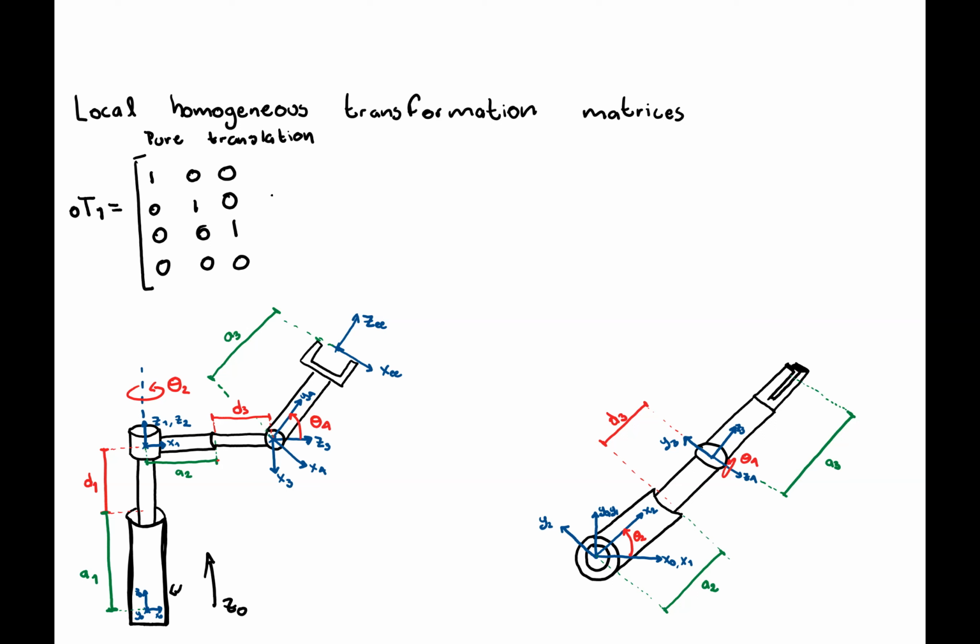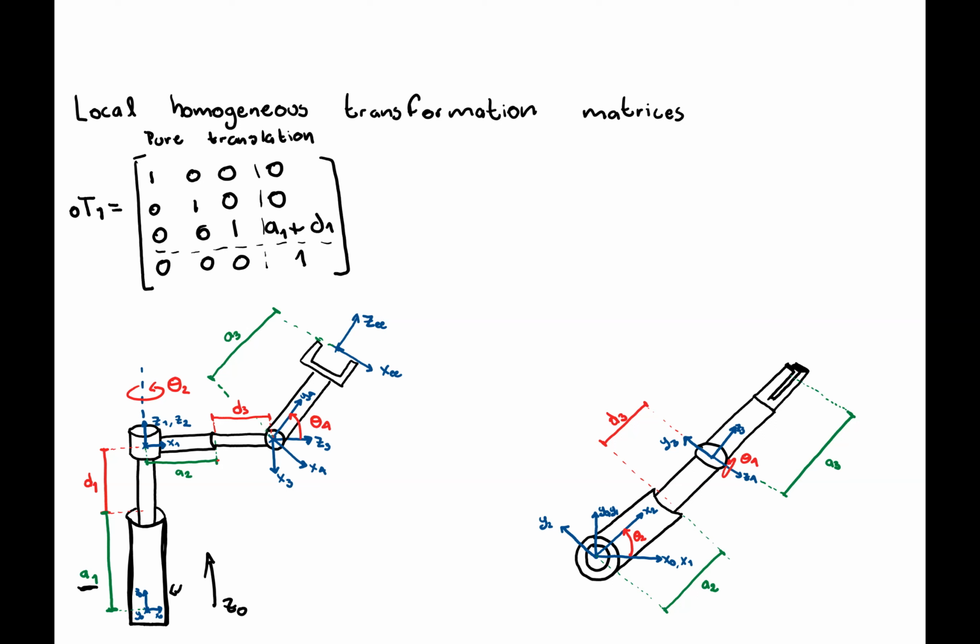Now we have a link length at the beginning of A1. So what we're going to have is 0, 0, A1 plus the displacement of D1. And then this is our first homogeneous transformation matrix.